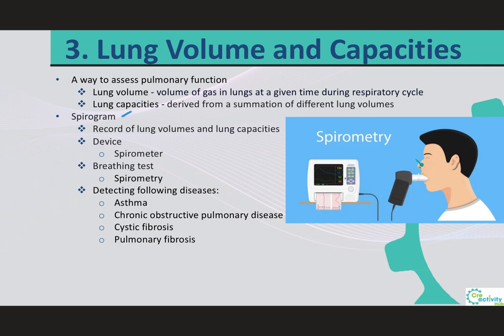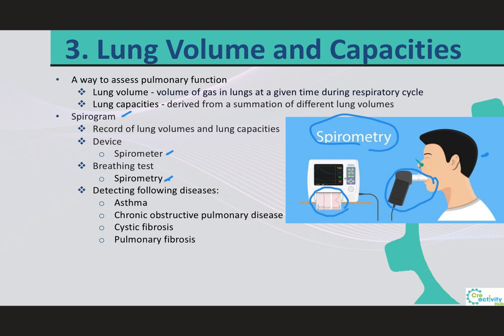The device used to measure them is called a spirometer, and the breathing test is called spirometry. Therefore, this individual in the image is using a spirometer to do a spirometry so he can see his pulmonary function by analyzing a spirogram.